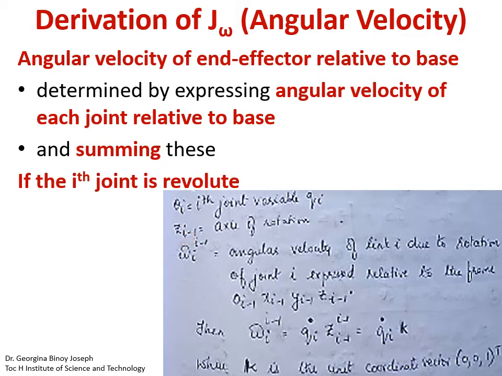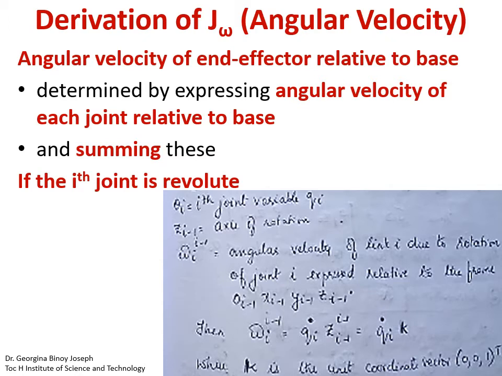So omega i minus 1 is the angular velocity of link i due to rotation of joint i, expressed relative to the frame o i minus 1, x i minus 1, y i minus 1, z i minus 1.